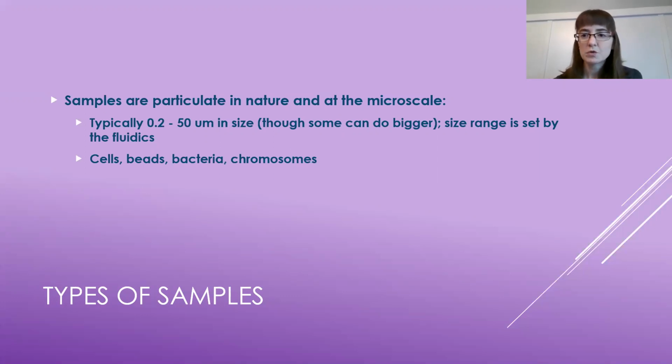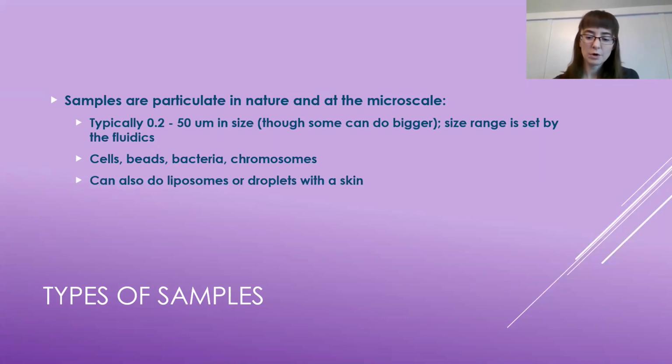Because of this size range, we're often looking at mammalian cells or bacteria, but we can also look at microparticles. For example, beads that have been coated with antibodies are very frequently used, or other structures that fall into the size range.